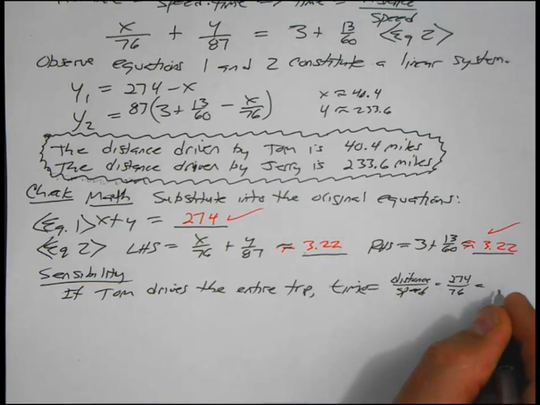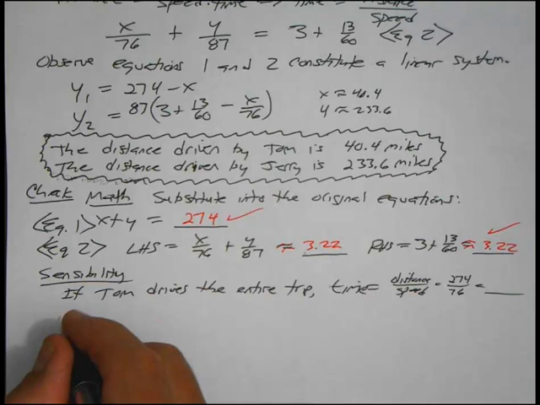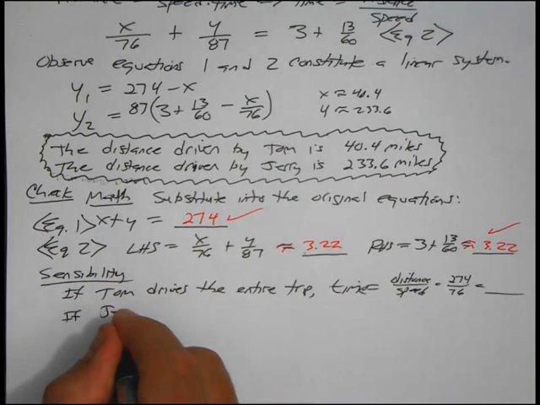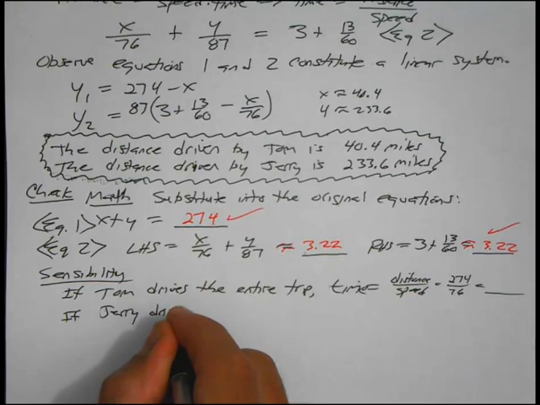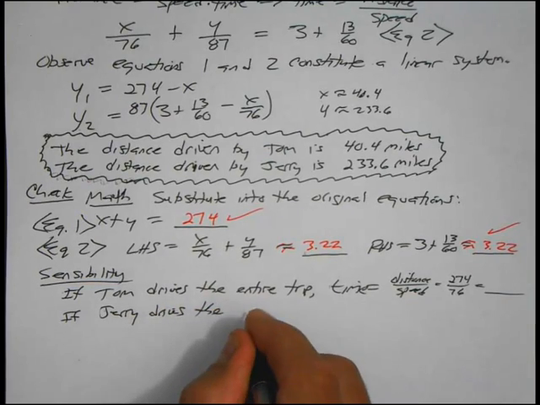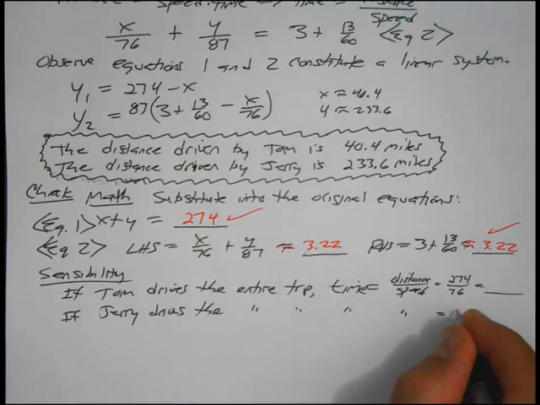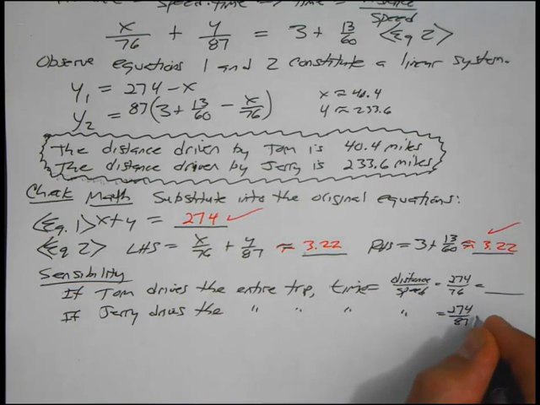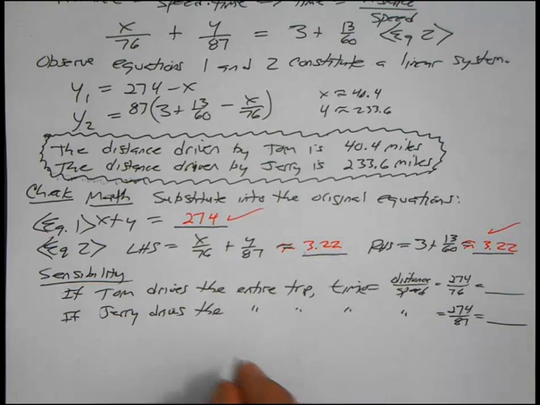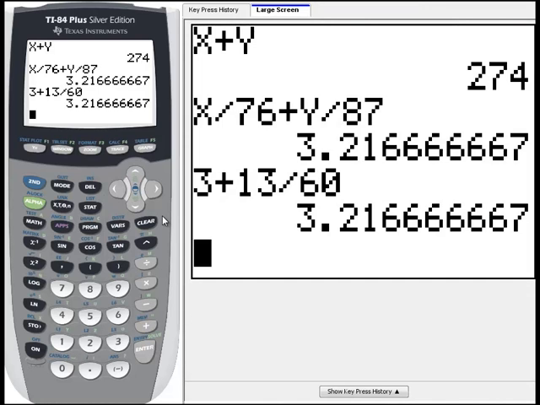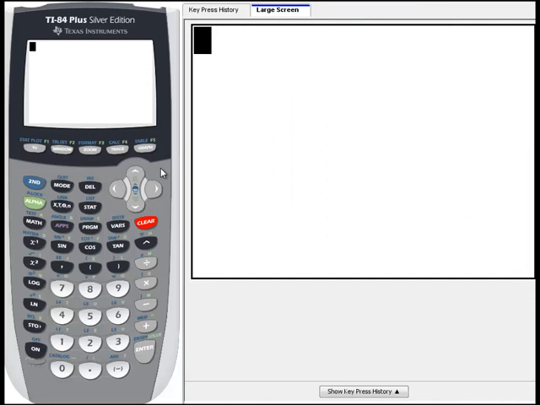Let's get a number there on the calculator. And if Jerry drives the entire trip, the time will equal, in Jerry's case, 274 over 87. So first let's go get this on the calculator. Here at the calculator, we could clear the home screen up for a moment. First you do the 274 divided by 76.